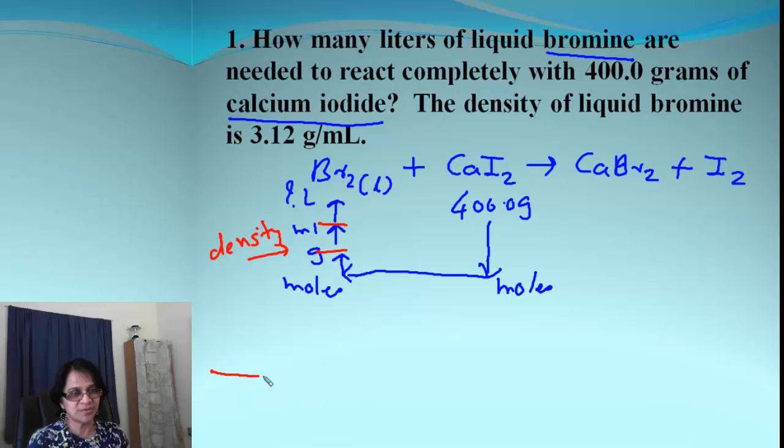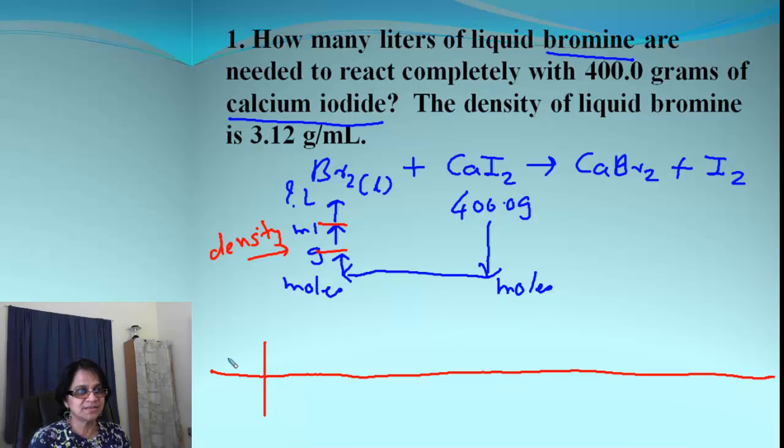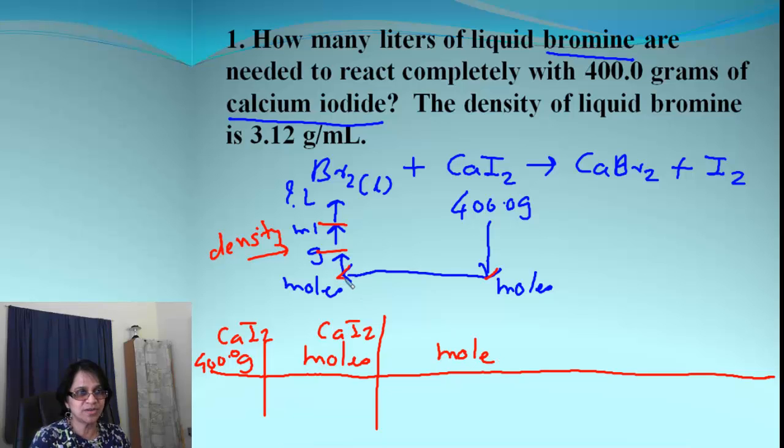So let's write our big long journey roadmap. The beginning point is grams of calcium iodide, and that's 400.0 grams. Then we are going to go to moles of calcium iodide. Then from moles of calcium iodide, the next step is moles of bromine.